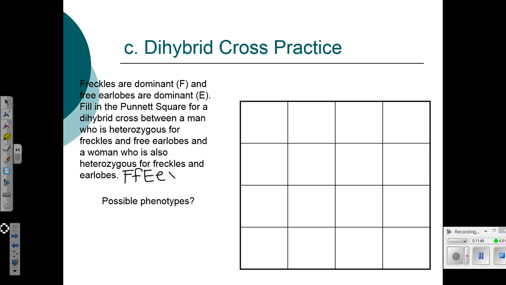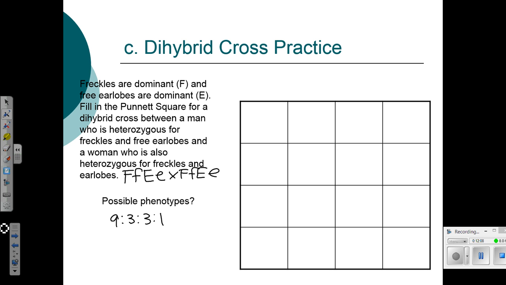So this is the same exact thing, sorry, that you just did. So I'm going to let you fill that out on your own to practice. You should come up with that 9, 3, 3, 1 ratio when you're all done.